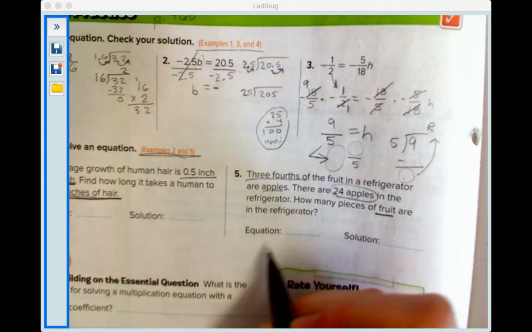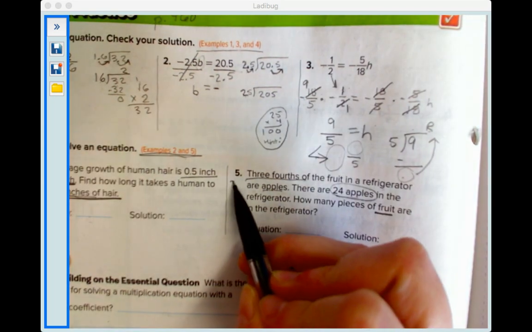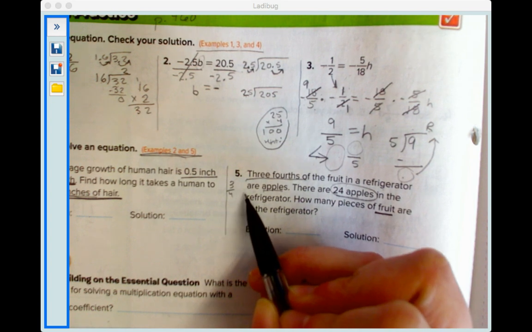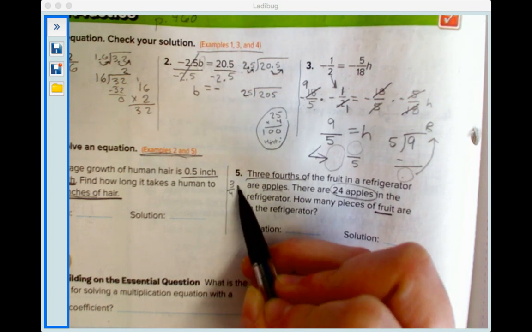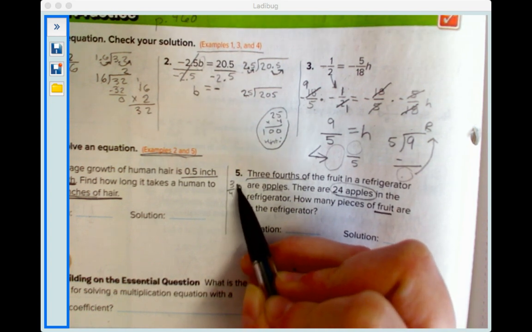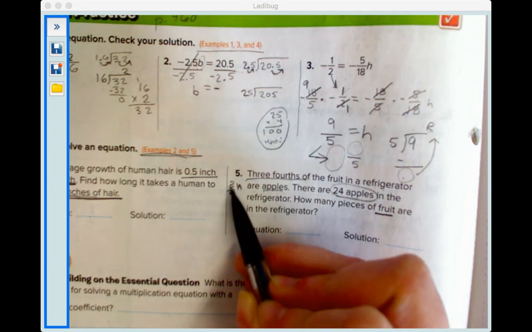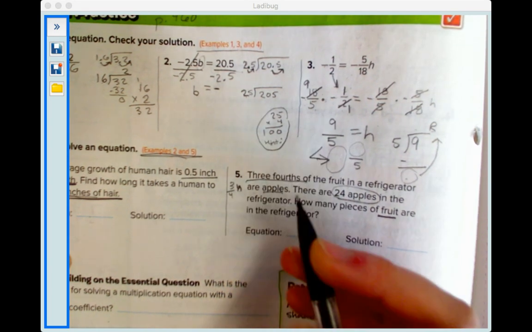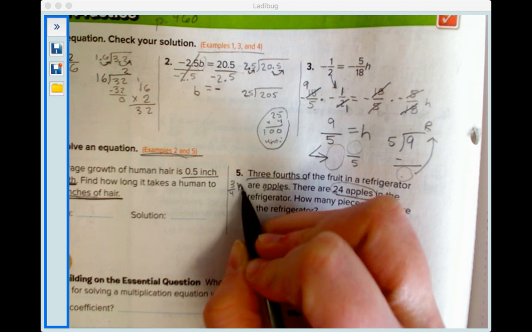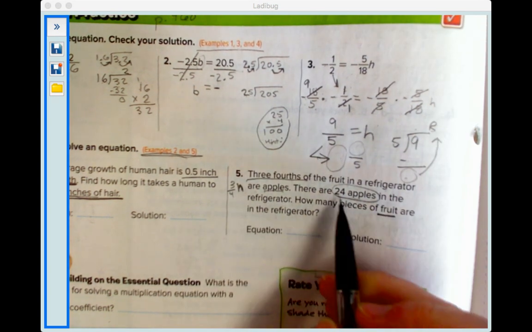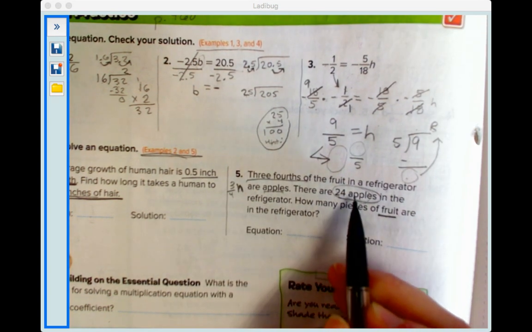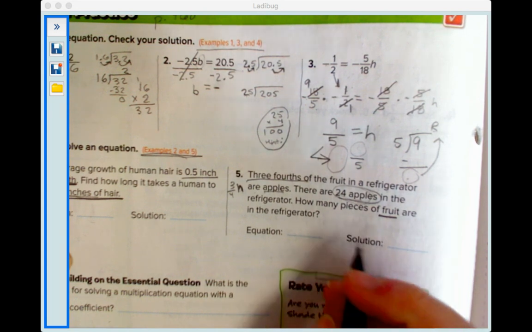So, 3/4 of the total are apples. So 3/4 n is the total. And you know 24 apples is part of that answer.